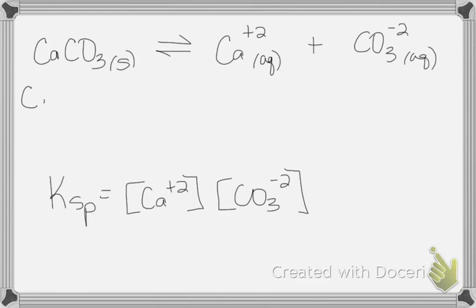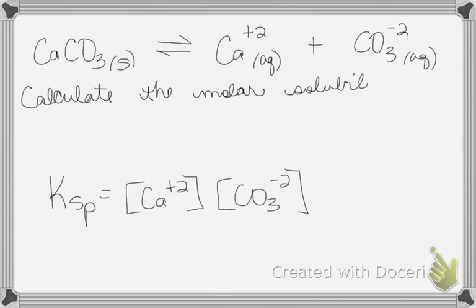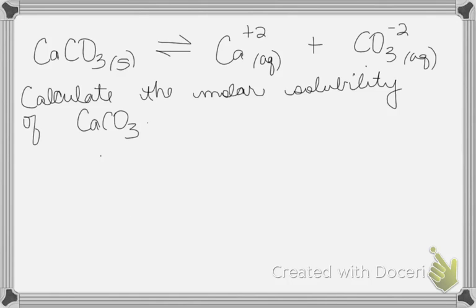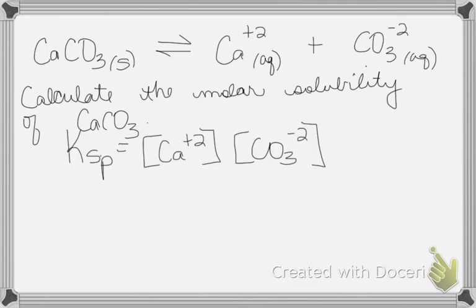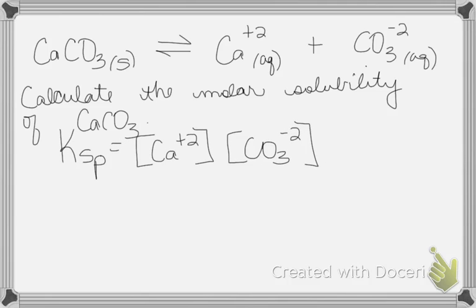If it said, calculate the molar solubility of calcium carbonate, then you guys would know simply by looking at the formula CaCO3 that's what the expression would look like, right? Ksp is equal to the calcium ion times the carbonate ion.